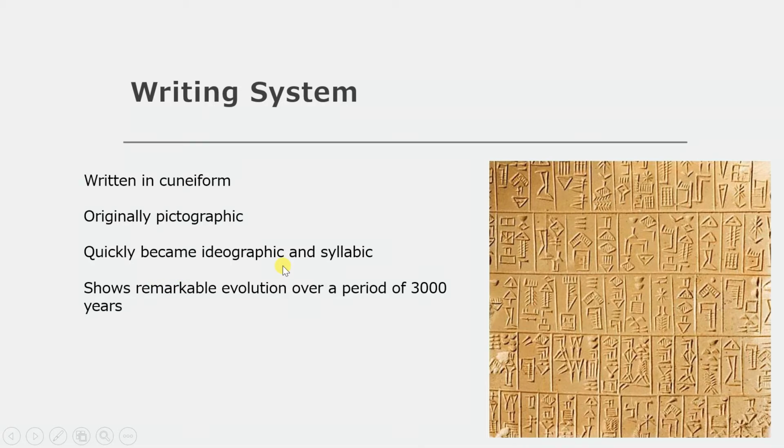So when we wanted to not just represent things like cows, but say we wanted to represent ideas like warmth or coldness, we could create glyphs or sort of pictures that represented an idea rather than a physical object. And later, syllabic.